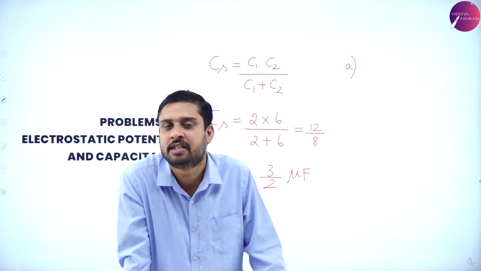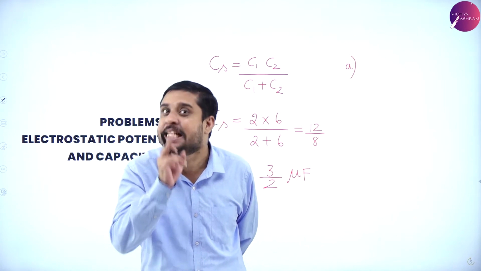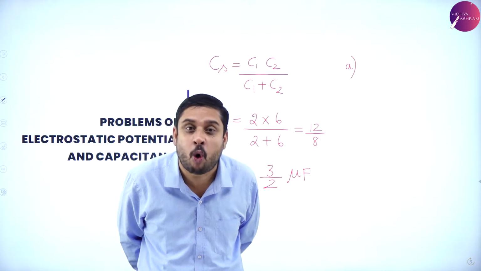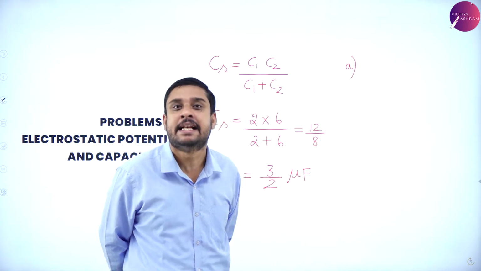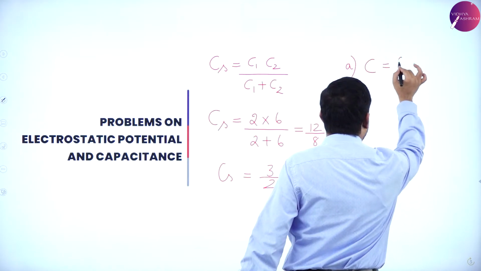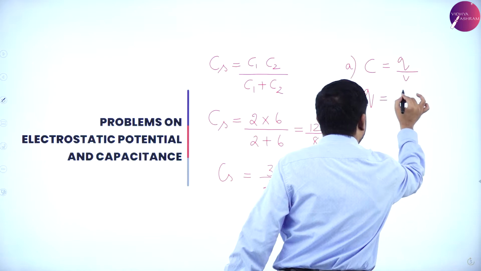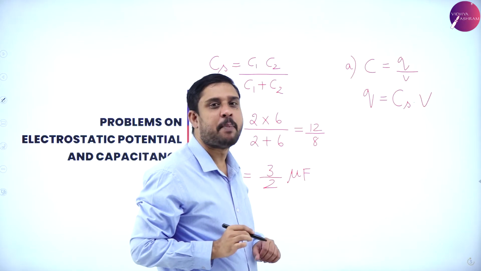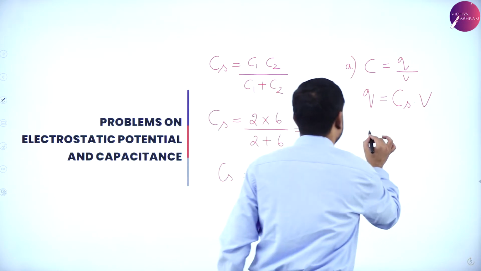Dear students, know that here the two capacitors are connected in series. So the charge across both of them should be the same. Why? They are connected in series. Therefore, we know that C equals Q by V, or Q equals CS into V. Both the capacitors should have the same magnitude of the charge.